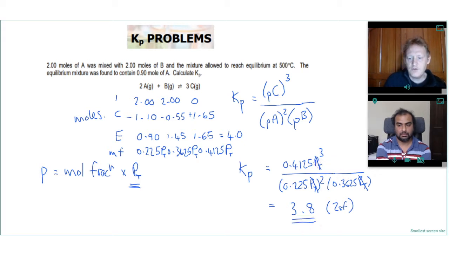And then the units, well, if we put the units in instead of numbers, we'd get Kp is, let's say the pressure was in pascals, so pascals cubed over pascals squared times pascals, and we see, just like the total pressure cancels, the units would cancel, so here we'd have no units.